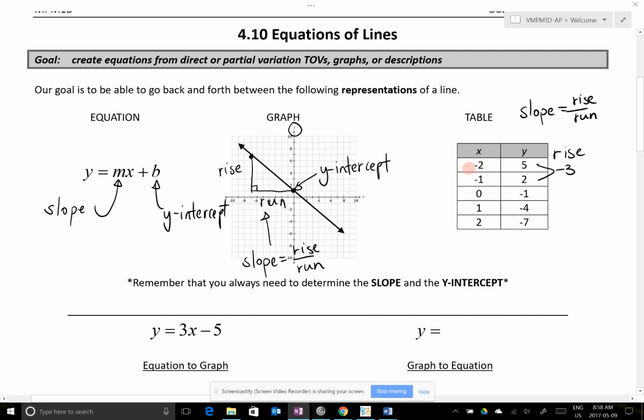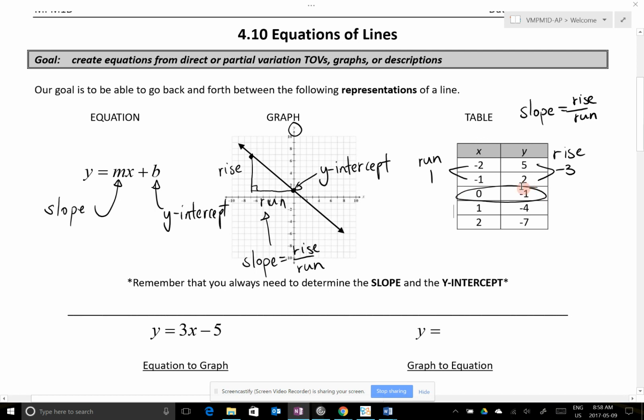The change in our x values is the run, going from -2 to -1, which is a change of +1. So we can find our slope by doing -3 over 1 in this particular table of values. And we can also find our y-intercept.